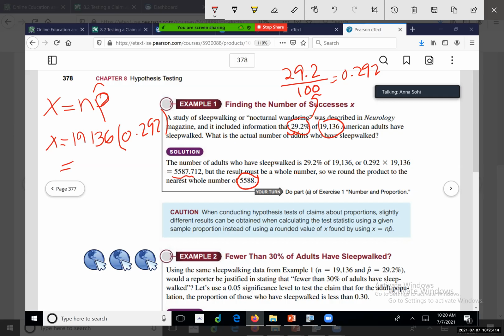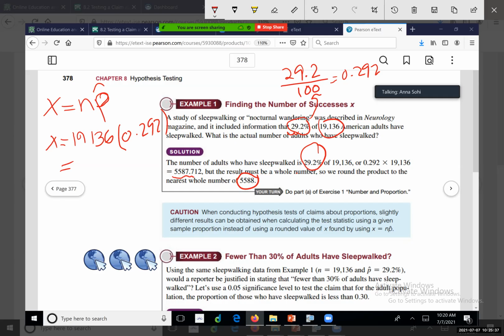So now let's do the claim. Any question here? The next one says, using the same sleepwalking data, now you want to make a claim. You see 29.2%?